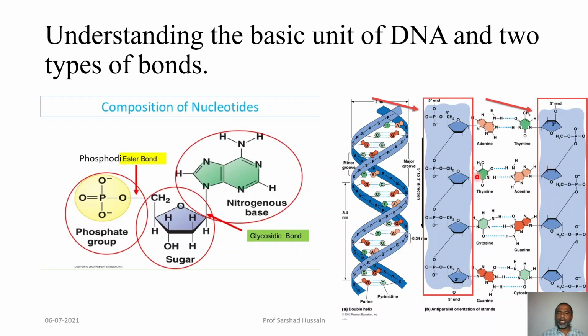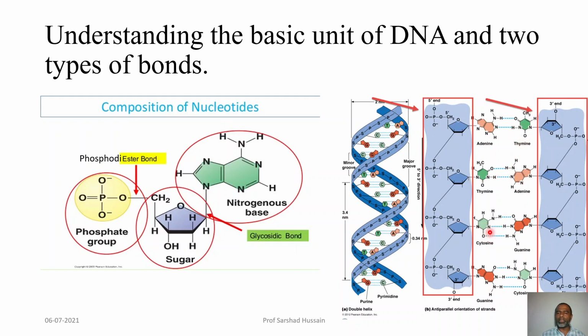Both the strands are joined to one another with the help of the pairing of the bases. Say, for example, if adenine is there, the complementary pair of the adenine is the thymine, and if thymine is there, then it will be adenine.